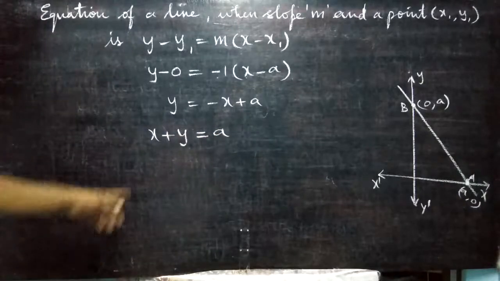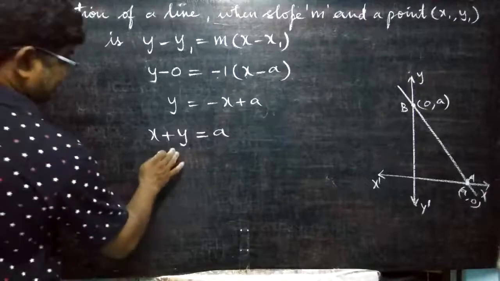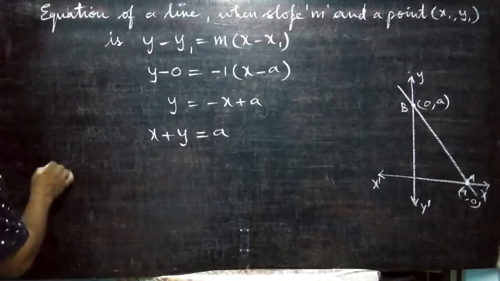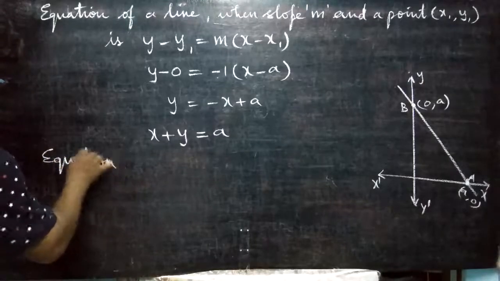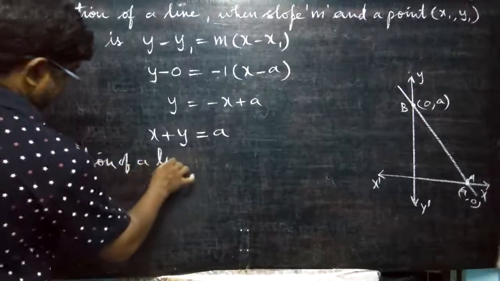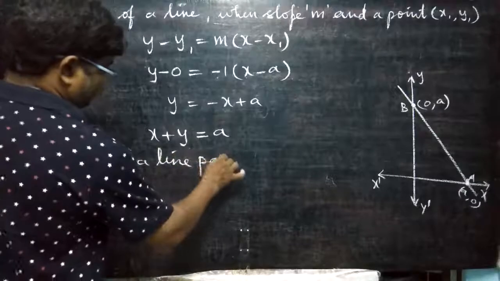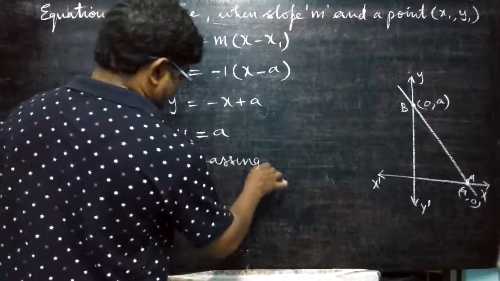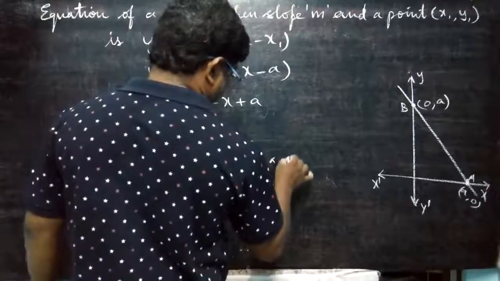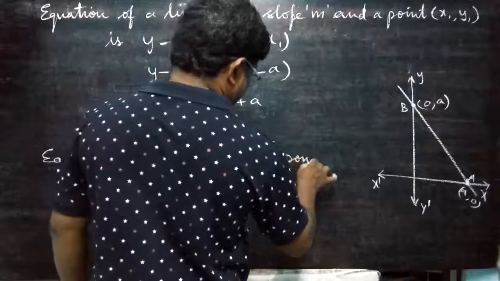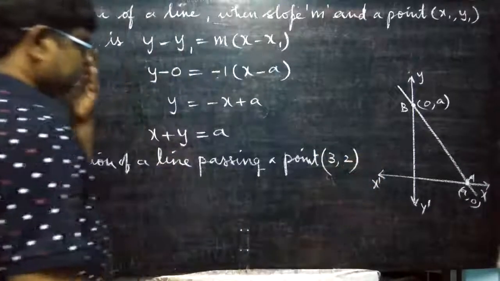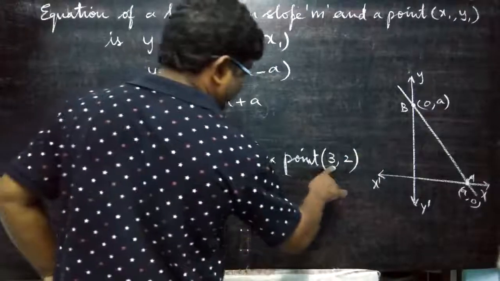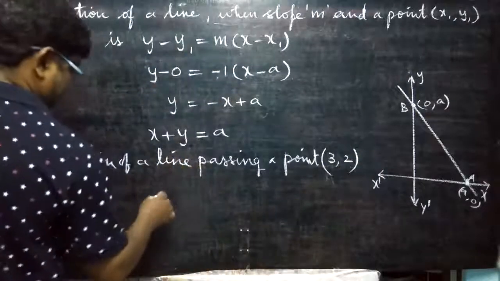Now we got this. They are telling this equation of a line is passing through one point they give. How much they give? 3 comma 2. So in the place of x you write 3, in the place of y substitute 2.